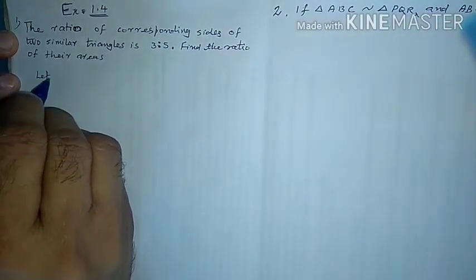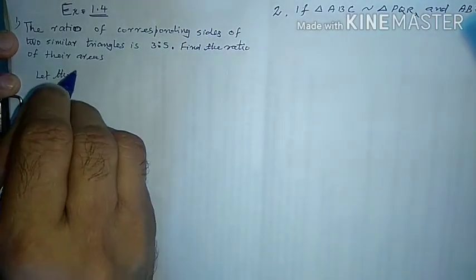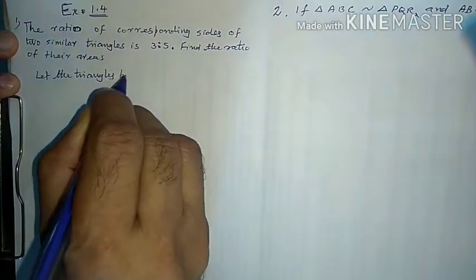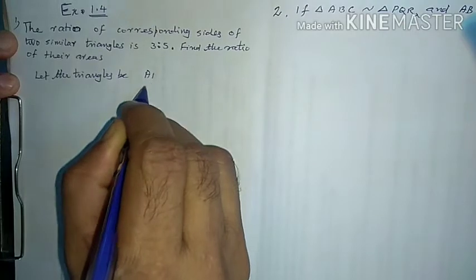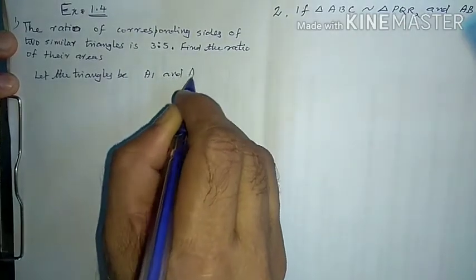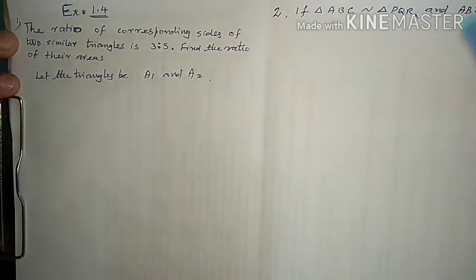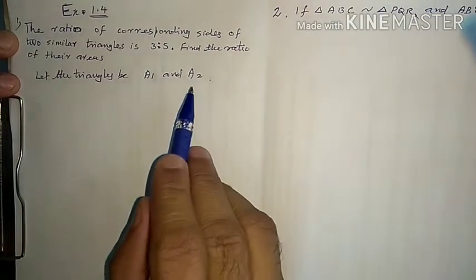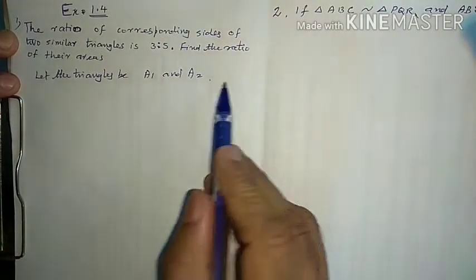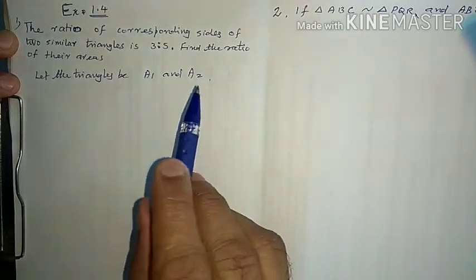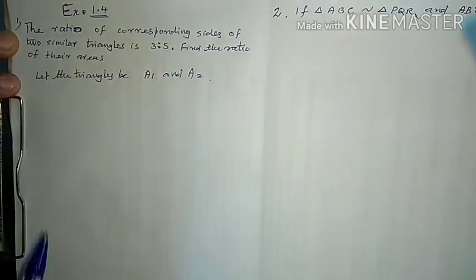Let the triangles be A1 and A2. We take A1 for the area of the first triangle, like triangle ABC, and A2 for the area of triangle PQR. Area of triangle PQR means five letters are there, so instead of that we are writing this.